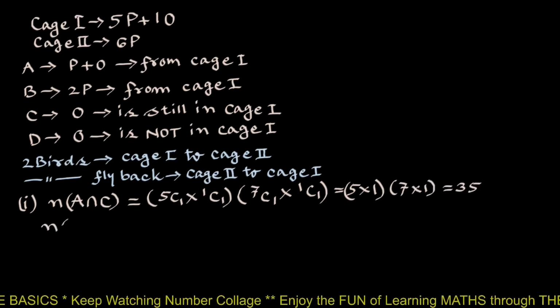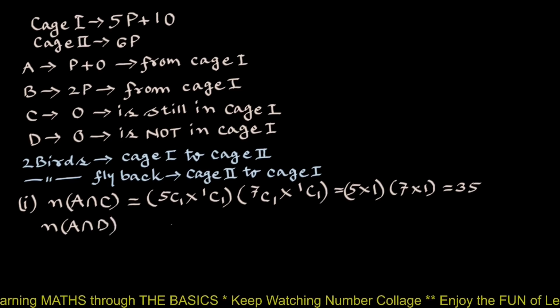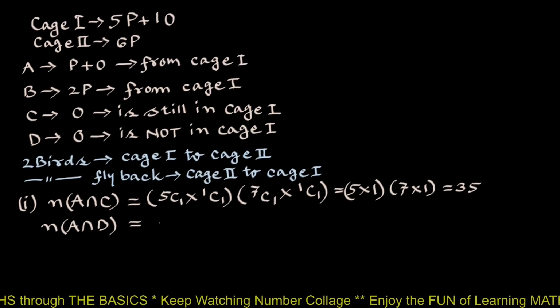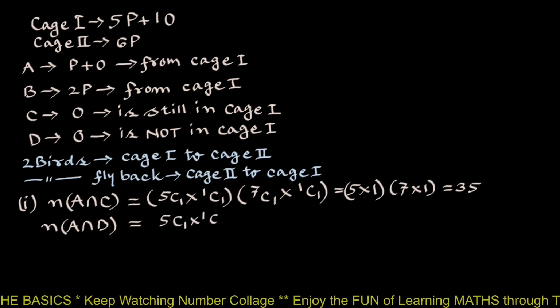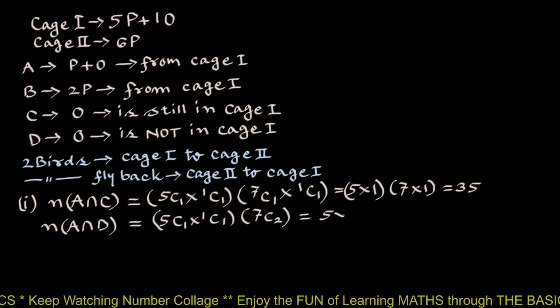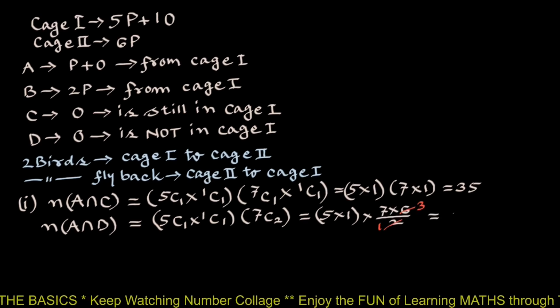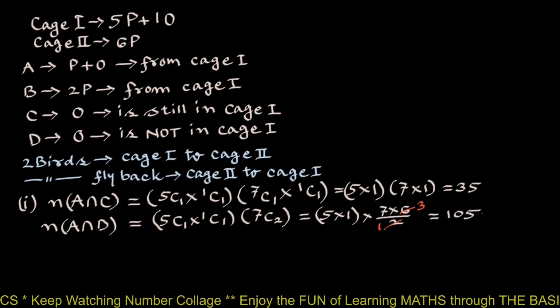Next, number of elements of A intersection D when owl is not in cage 1 will be 5C1 into 1C1 into 5 plus 2, 7C2, which is 5 multiplied by 1 into 7 into 6 upon 2, 5 into 21, 105.